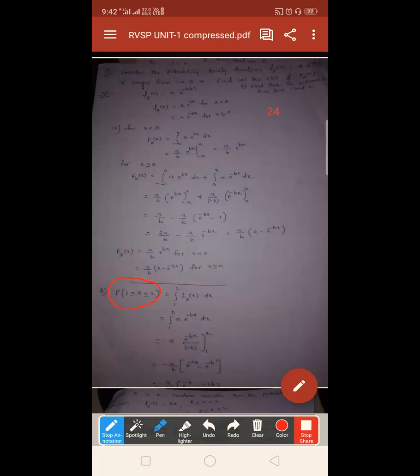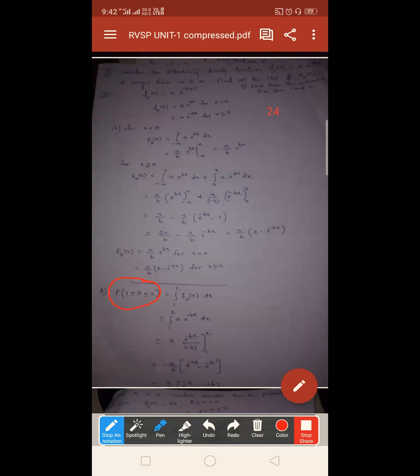So integral fx, small fx of x dx. Okay, integral 1 to 2. 1 to 2 means, are these values positive or negative? Here the limits of integration are 1 to 2. Positive values of x.